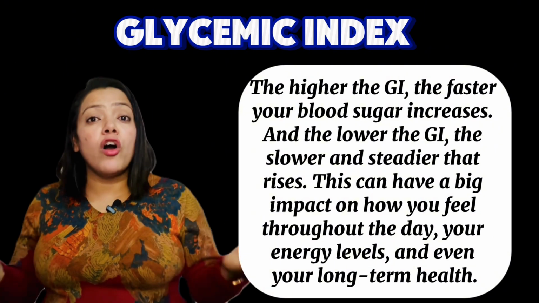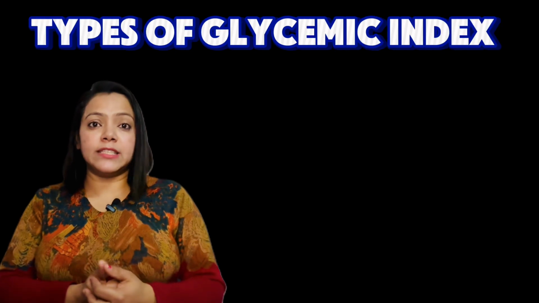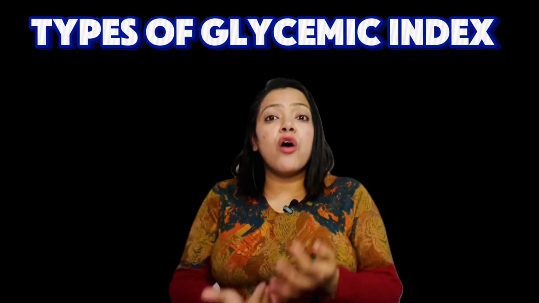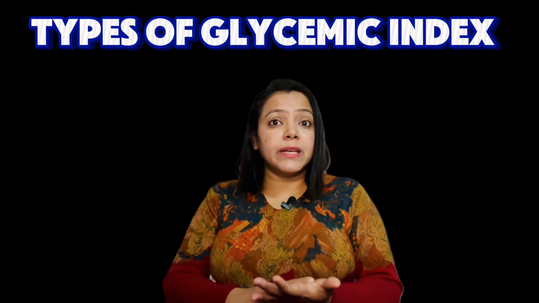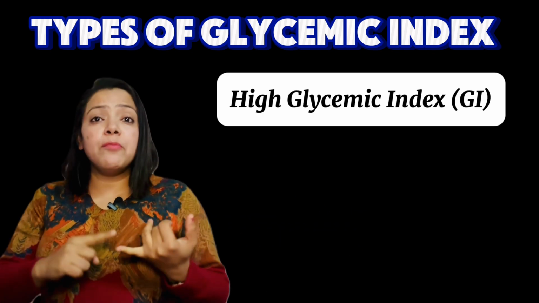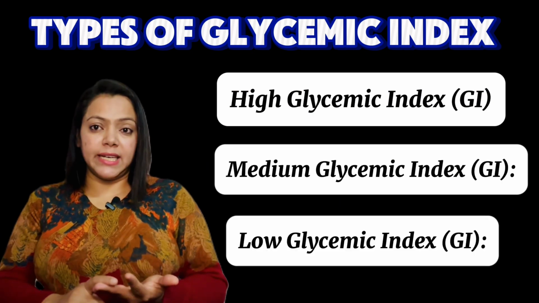When we talk about the glycemic index, there are actually different types of indexes to consider based on how food affects our blood sugar. There are three types of glycemic index: high glycemic index, medium glycemic index, and low glycemic index.